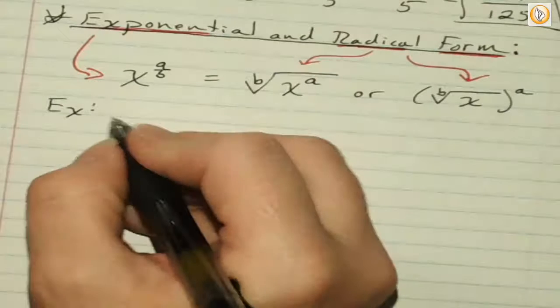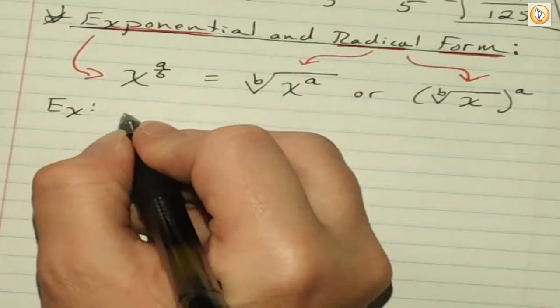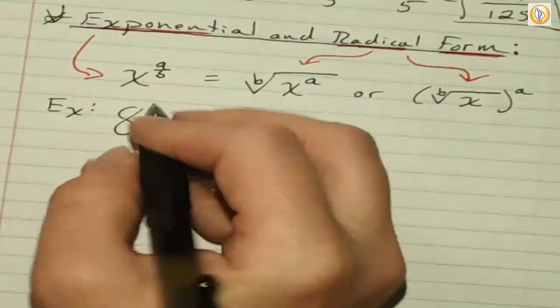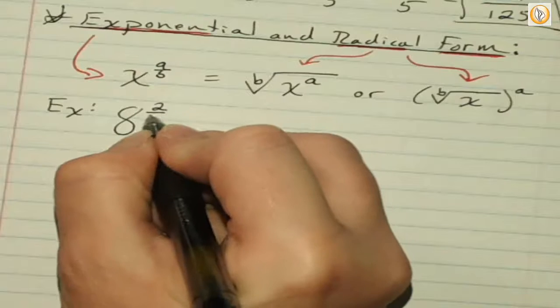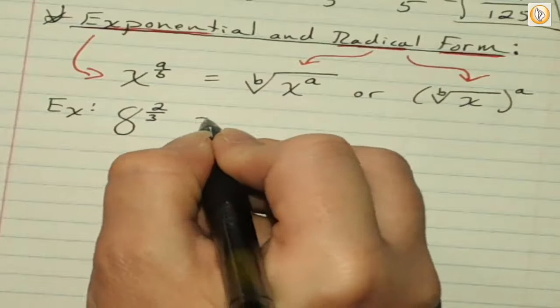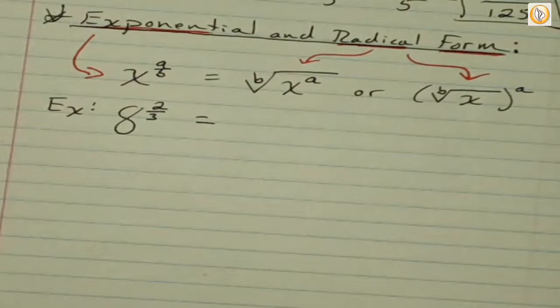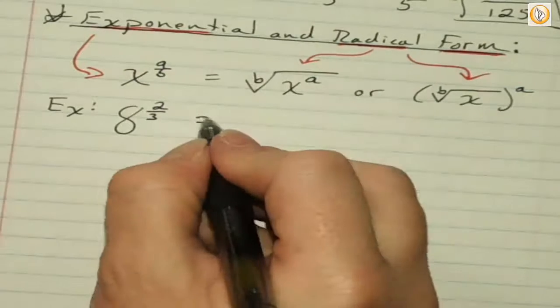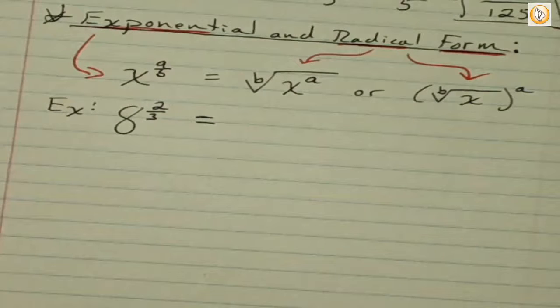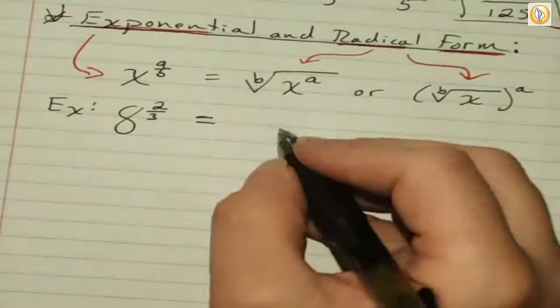Let's say I have 8 to the 2/3. How would I write that in radical form?